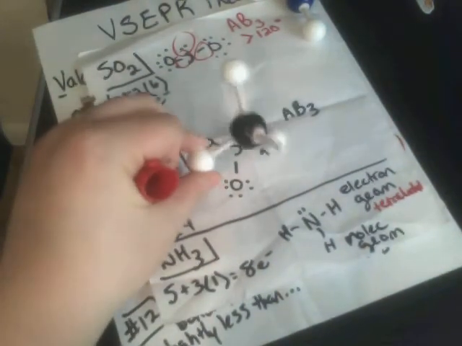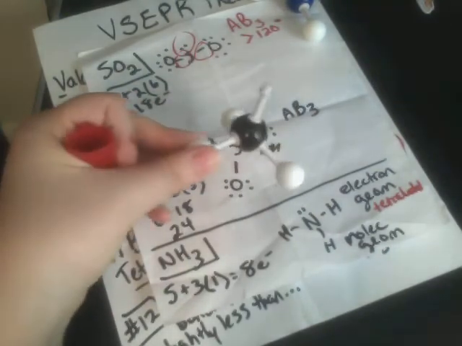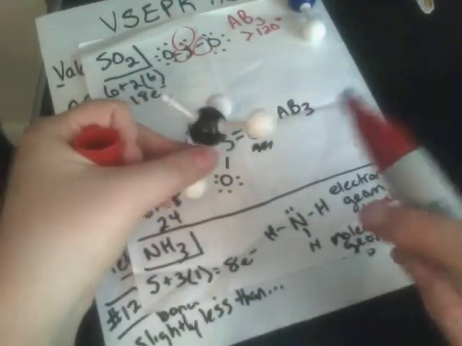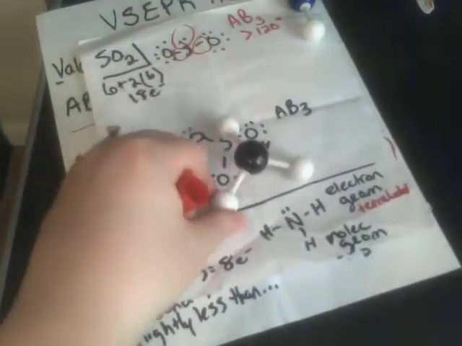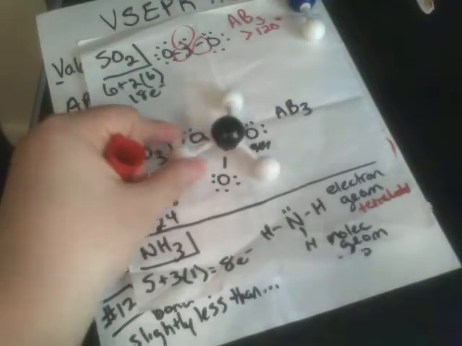The electrons are in a tetrahedral shape, AB4. But how about the molecule itself? Molecule means ignore lone pairs. So if you're trying to decipher the molecular shape, that is a classic trigonal pyramidal.